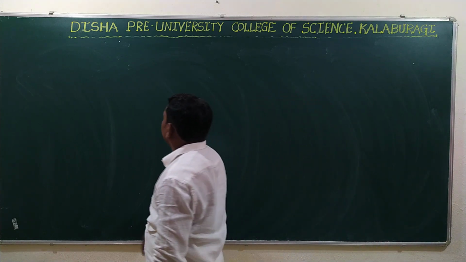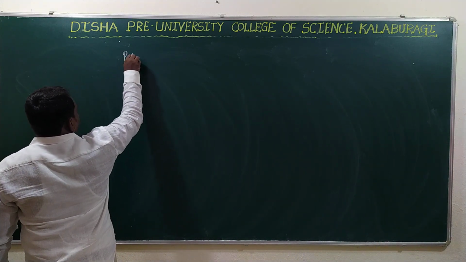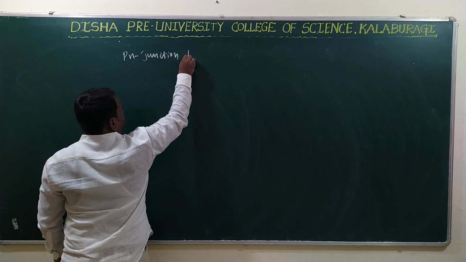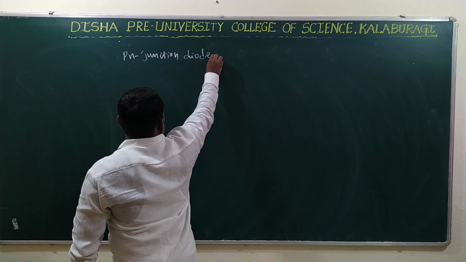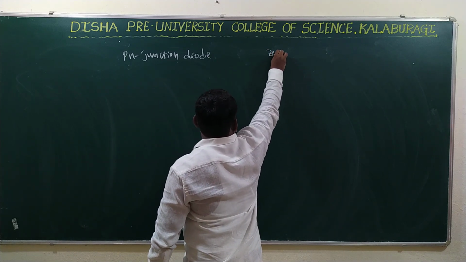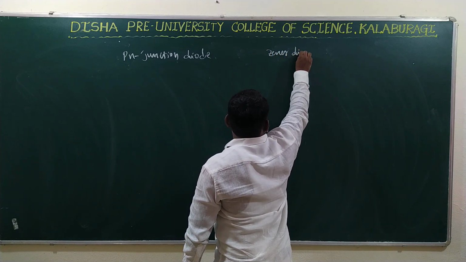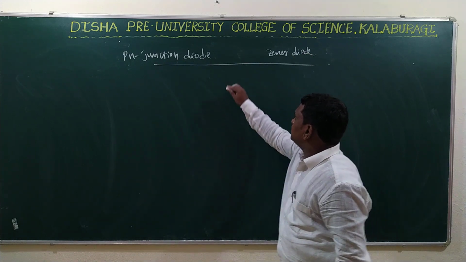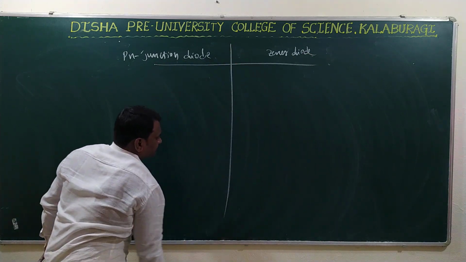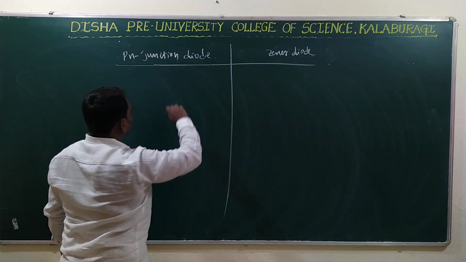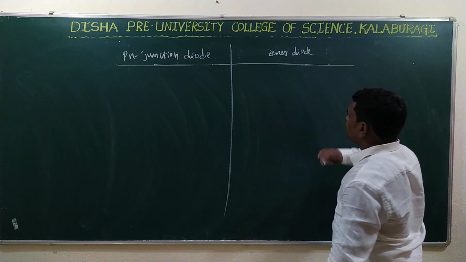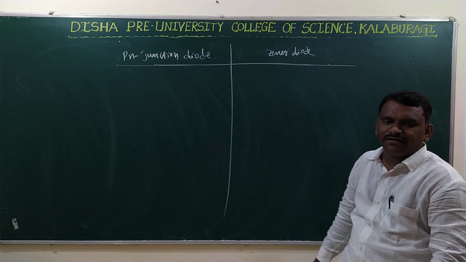From that knowledge, we can distinguish the PN junction diode and the Zener diode. This table is for conclusion: the difference between the PN junction diode and the Zener diode. It gives some knowledge to you, right?